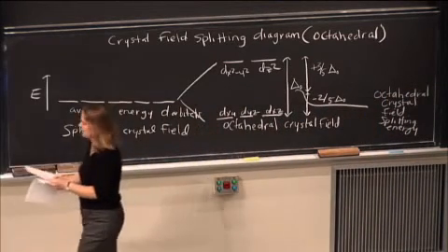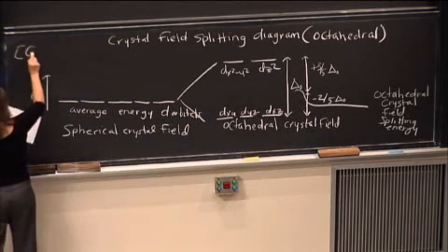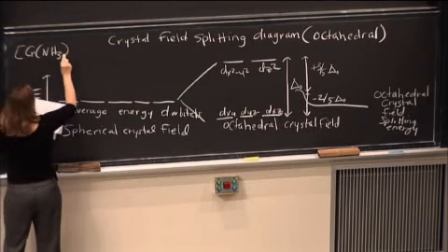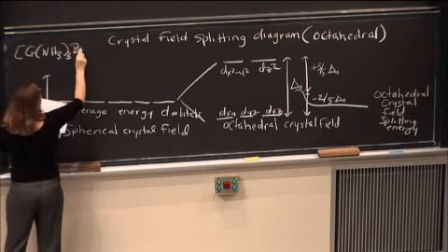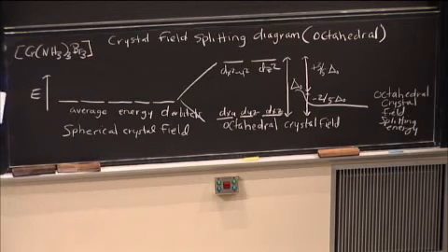So let's look at an example, and we're going to have a chromium system that has 3 NH3 ligands and 3 Br ligands. Now you tell me what the D count of that is.